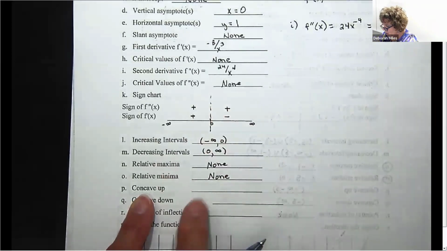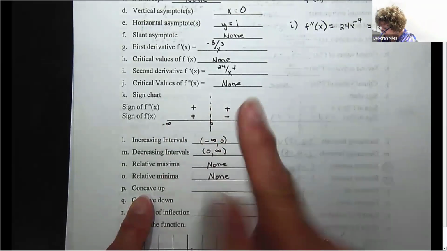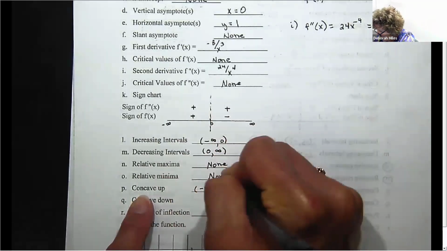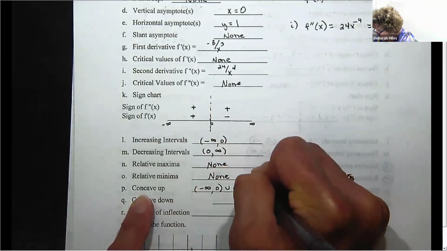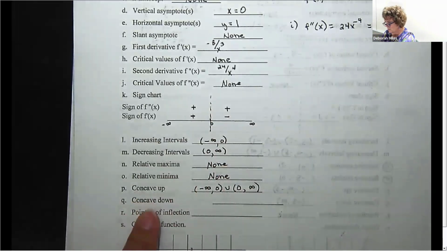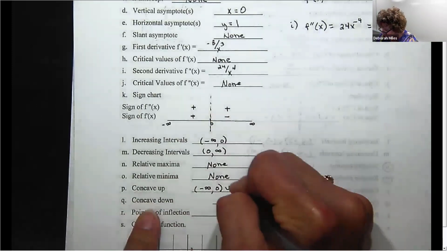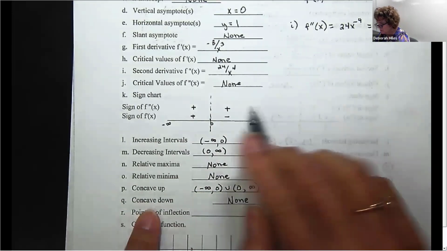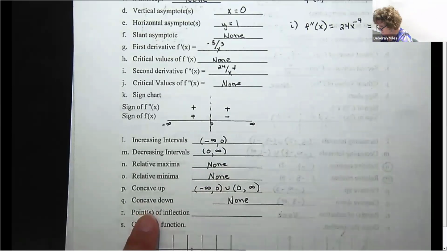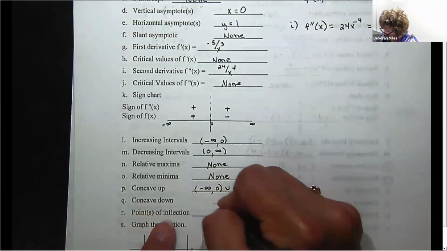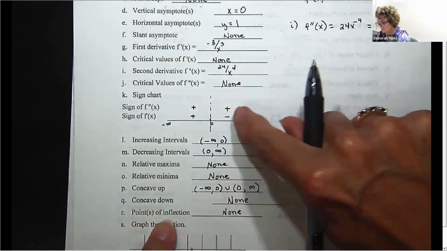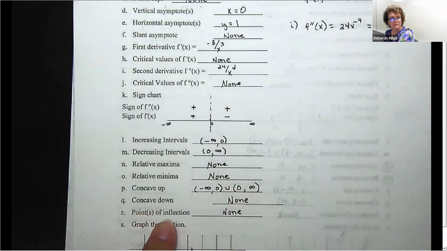So I have to write concave up as two separate intervals, negative infinity up to 0 and 0 to infinity. There are no intervals over which the function is concave down because there's nowhere the second derivative is negative. And there are no inflection points because there were no critical numbers for the second derivative.